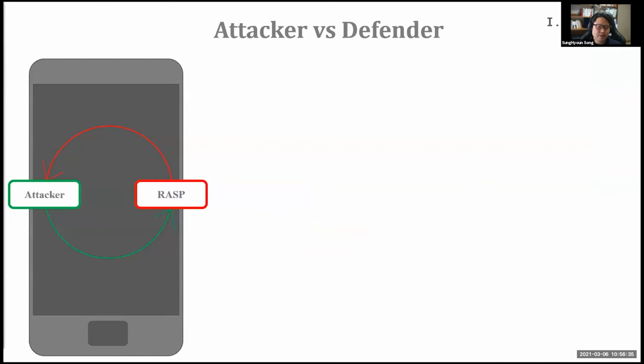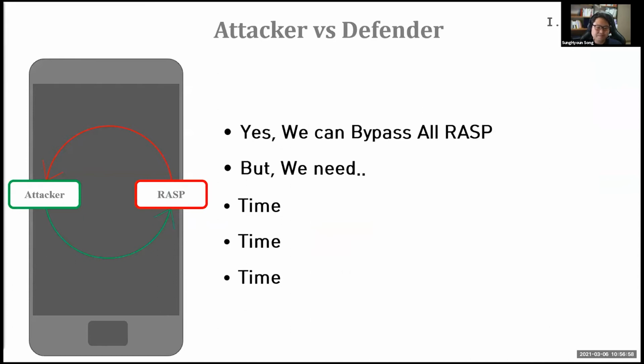So can we bypass RASP? Of course. In my thought, there does not exist 100% security, but what I want is an automated, effective and fast method. However, security modules are difficult to bypass because they are applied with multi-way techniques. So what's the problem?